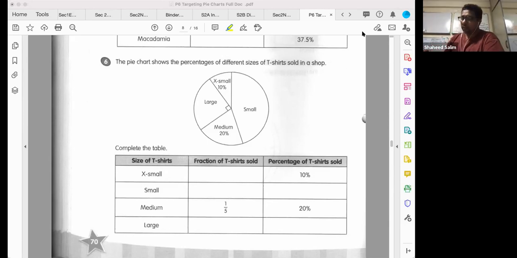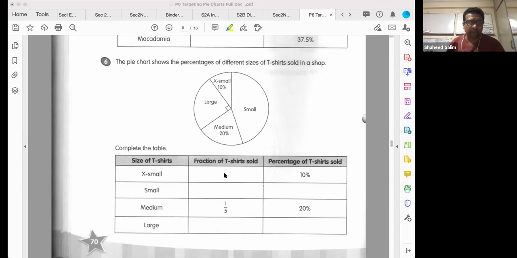Let us see now. Sophia, wow, Sophia, 1/1000 is too small. You just take the 10, divide by 100, Sophia. Remember percent is always over 100. So 10 over 100 is how much? You reduce to the lowest term, you get the answer here. Let's see, Ilhan, well done, for large, correct?